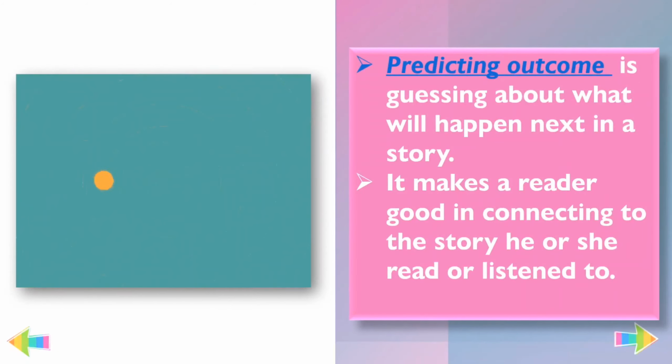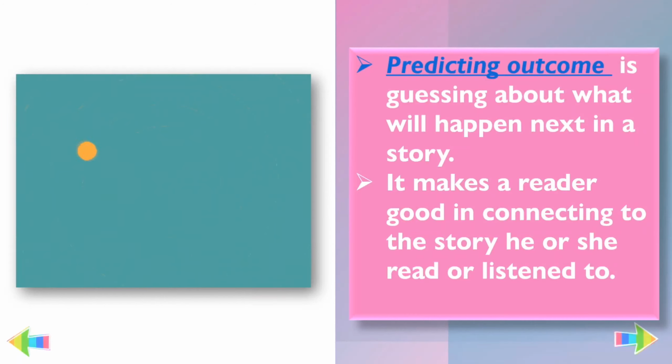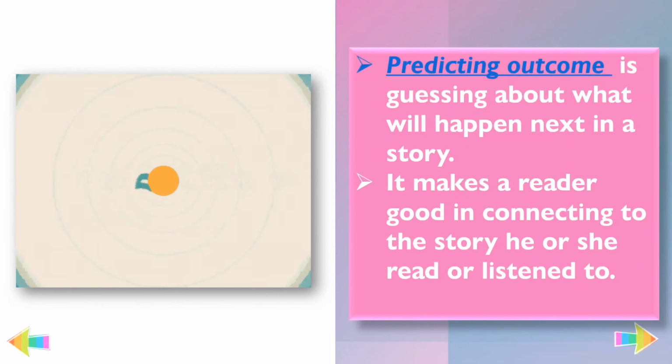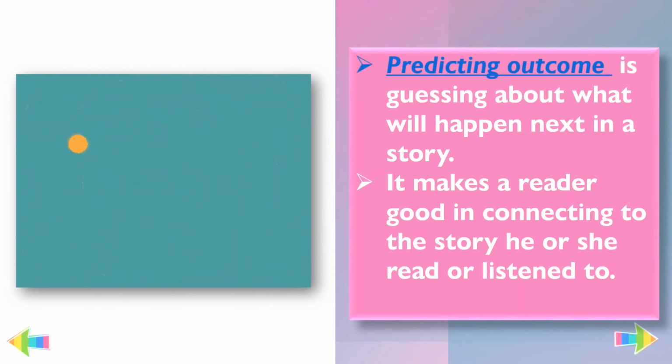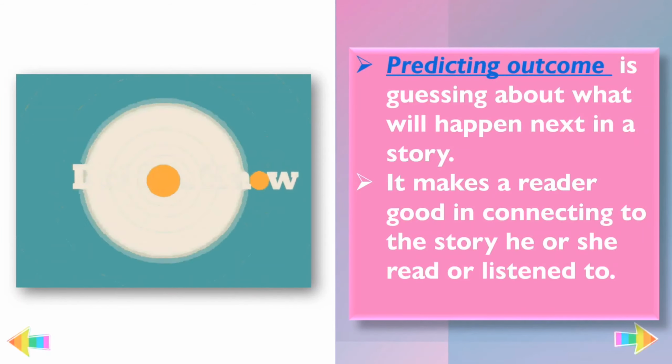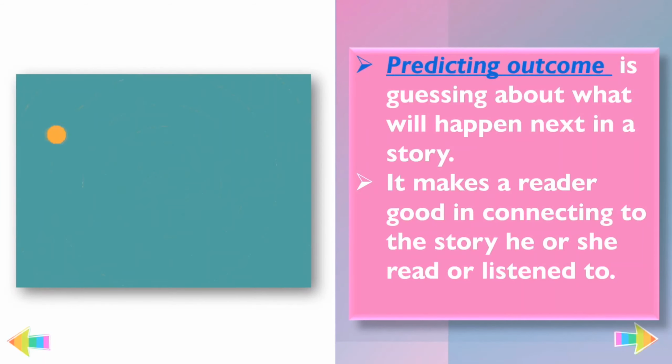Predicting outcomes is guessing about what will happen next in a story. It makes a reader good in connecting to the story he or she read or listened to. With this skill of predicting outcome, you can improve your comprehension skills.